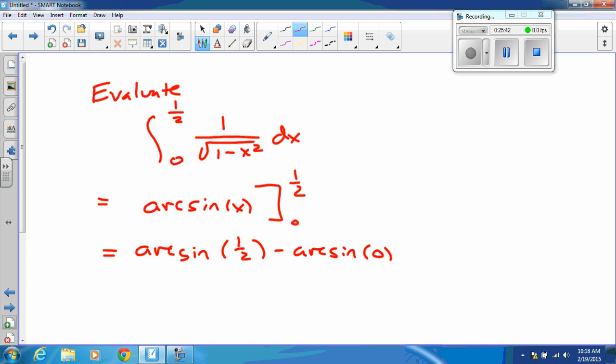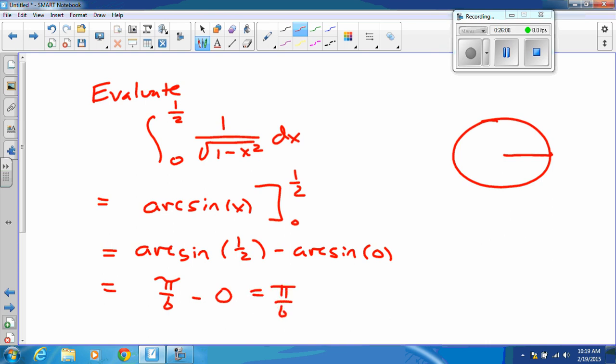The sine of pi over 6 is 1/2. We use the unit circle to find the arc sine of 1/2. It's a special angle. What about the arc sine of 0? The angle whose sine is 0. Use the unit circle, 2 pi, but in the first quadrant we would call that 0. And so we get pi over 6.